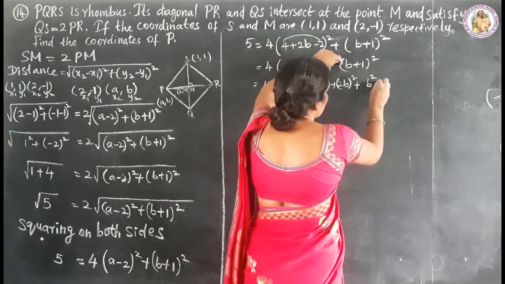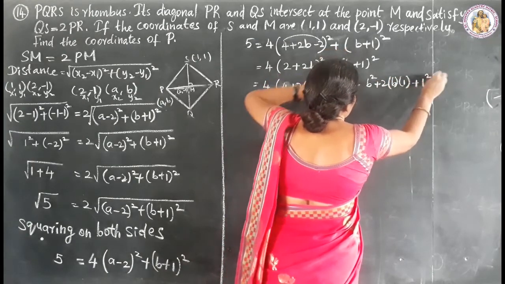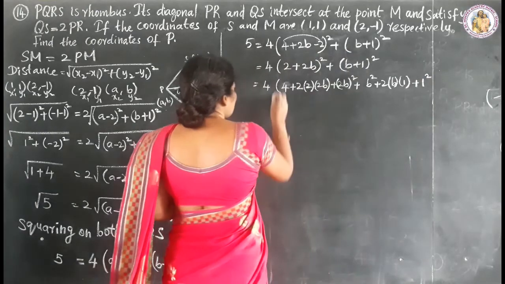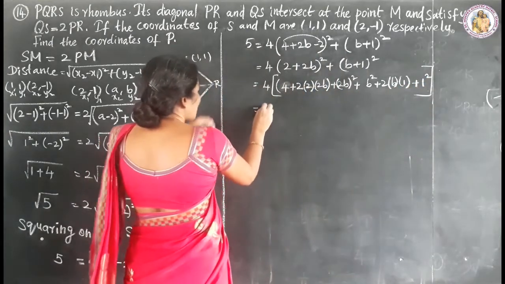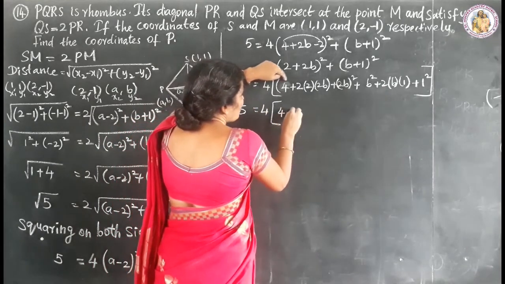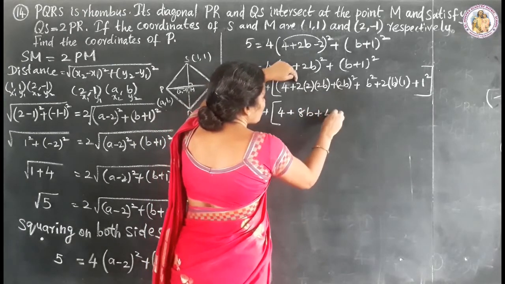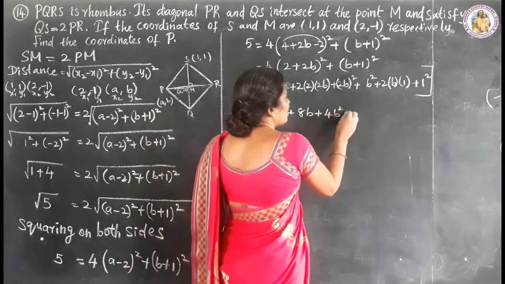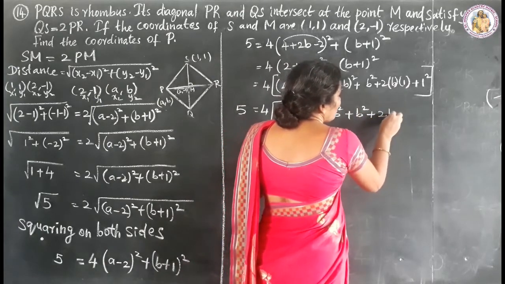A square plus 2AB plus B square. Okay, in the next step 4. So here it is 4 plus 2 2s are 4, 2 4s are 8, 8B plus 2 2s are 4B square plus B square plus 2B plus 1.